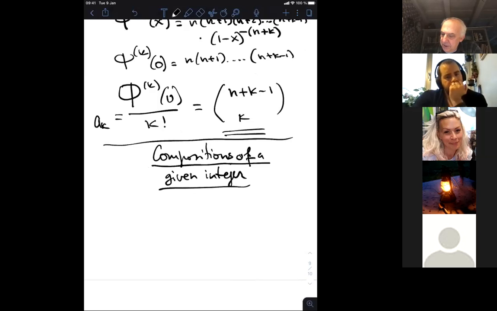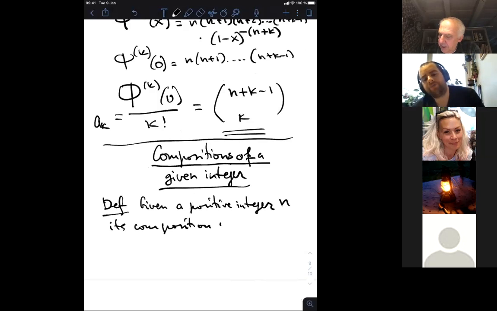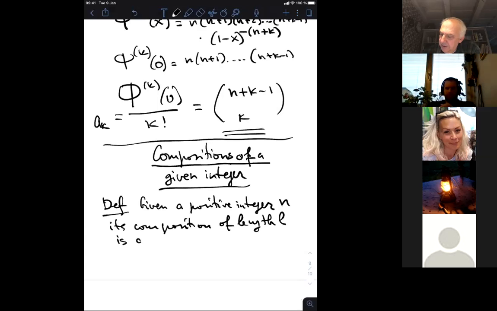So let me start with a composition. Our definition would be as follows: given a positive integer n, its composition of length, say, L, is an expression n equals m1 plus m2 plus and so on plus mL, where each mi is again a positive integer.